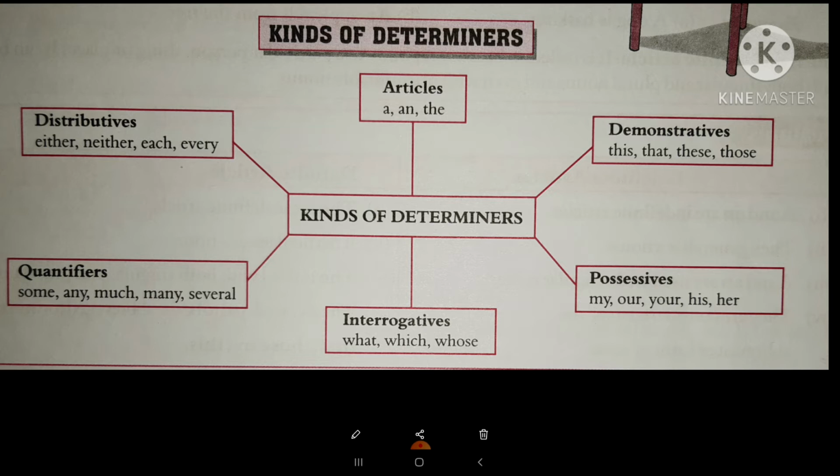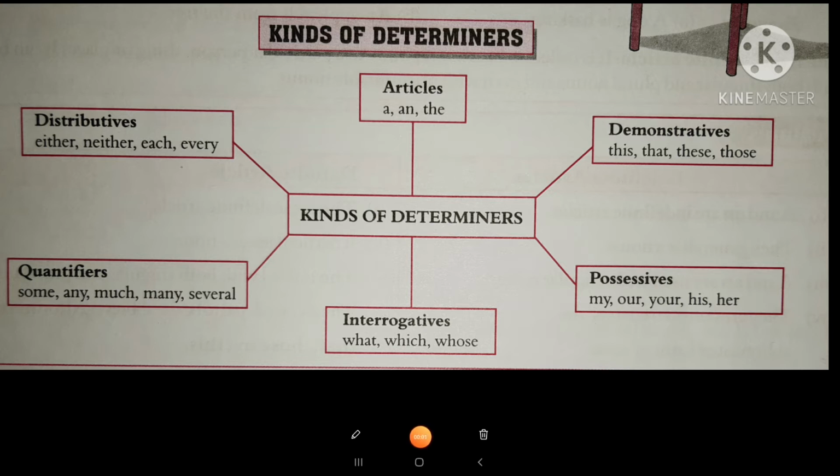And we use every when the number of persons or things is large or indefinite. When the number of persons is large, we have to use every. And when it is limited, we have to use each. So I hope you understood the division distributives, and it includes either, neither, each and every.